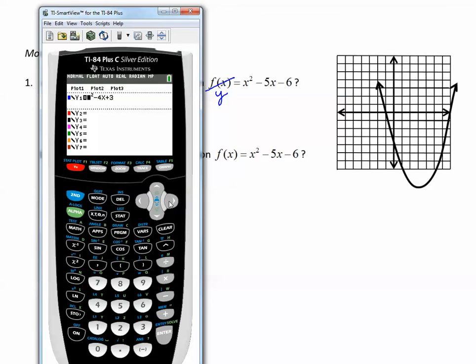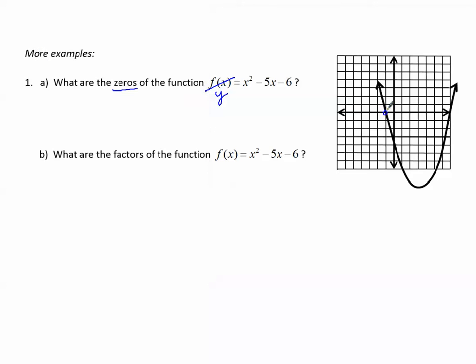X squared minus 5x minus 6. And then take a look at the graph and see where our graph crosses the x-axis. We don't have to see the whole parabola for this, just the x-intercepts. So here's a picture of it here and here.